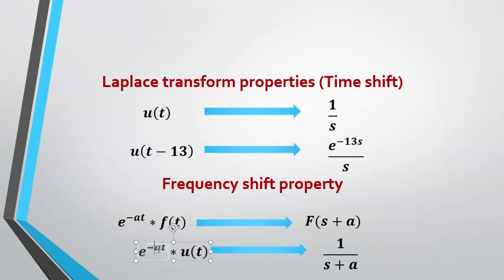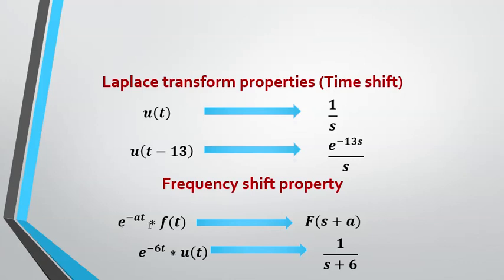So if I multiply u(t) by e to the power of minus 6t in time domain, in Laplace domain my answer will be 1 over s plus 6. So now you can see why I said they have a duality feature. When I'm shifting the function in time domain by a value, in Laplace domain it's being multiplied by e to the power of that value times s.